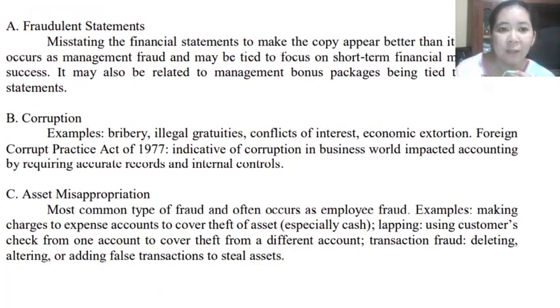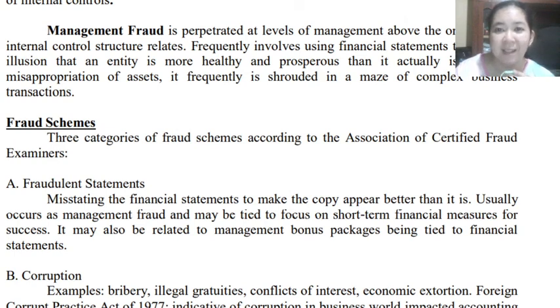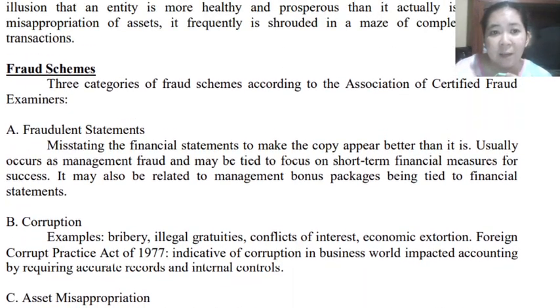So what are the common fraud schemes present in a business entity? Basically, we have three categories of fraud schemes according to the Association of Certified Fraud Examiners. First, fraudulent statements. In this case, the perpetrators are misstating the financial statements to make the company appear better than it is, or to make their financial status appear healthy or prosperous when in fact they are losing.